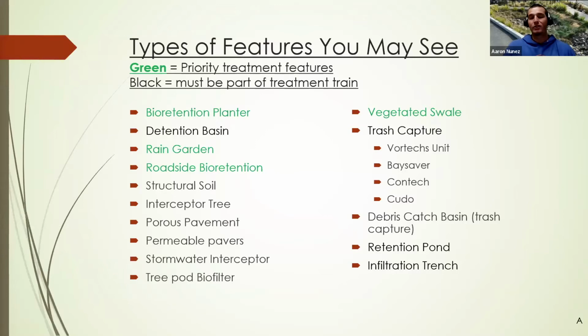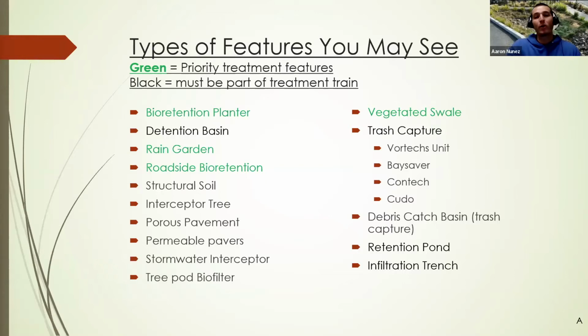And here's a list to just kind of throw it out there to everyone of types of features that we'll be seeing out there. And the ones that are highlighted in green are priority treatment features. And what makes those stand apart from the other ones is they're vegetated, right? So these vegetated features are what we call priority features, such as bioretention planters and rain gardens, vegetated swales, and so on and so forth.